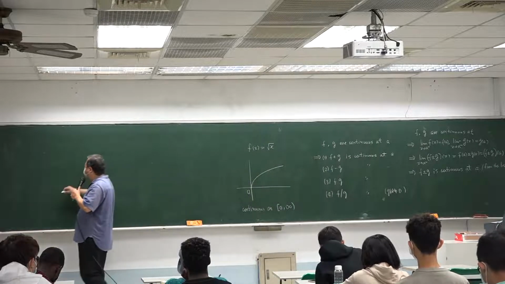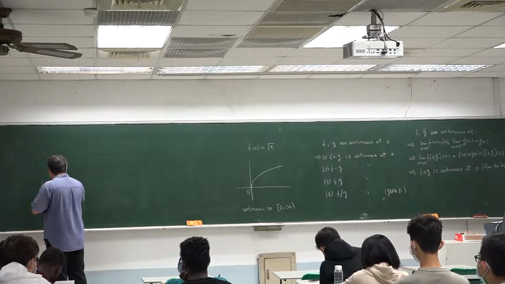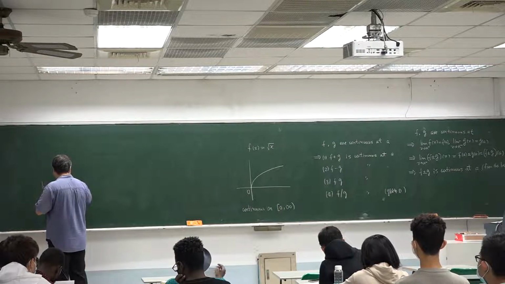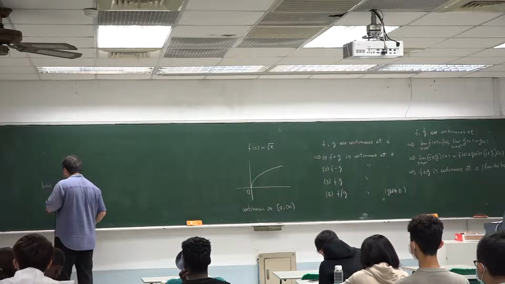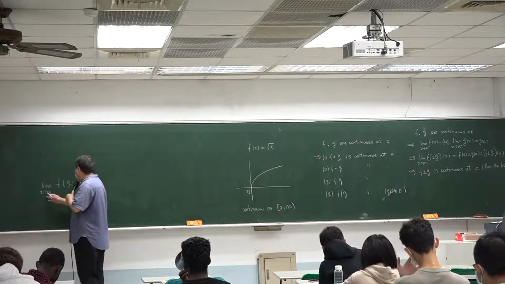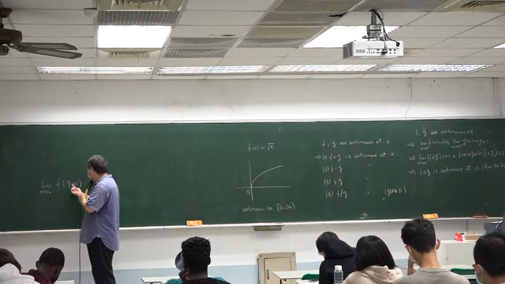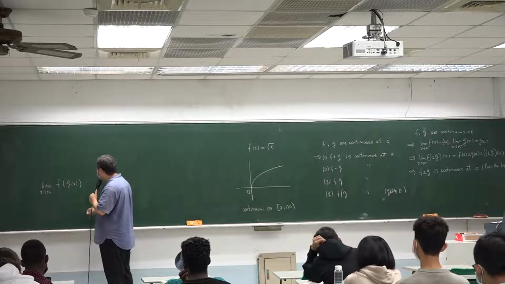Under what condition or conditions, if we have a composite function, can this limit be put inside, in front of G?